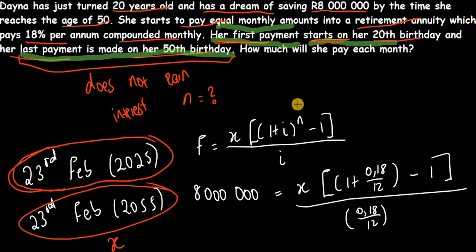So in those 30 years, 30 multiplied by 12 gives you 360 months. However, because there is an immediate payment, you add that immediate payment, and therefore here you put 361. So the number of payments was 361.